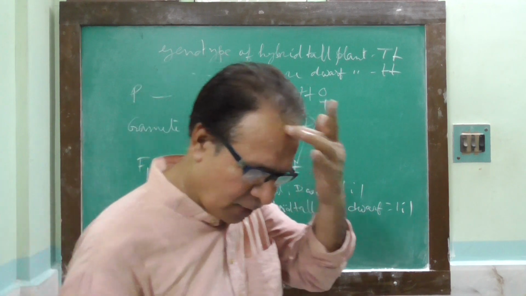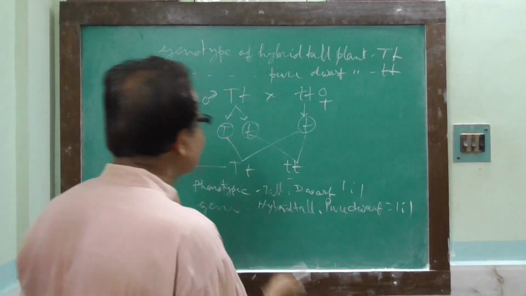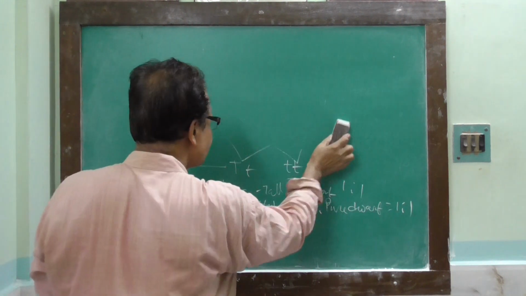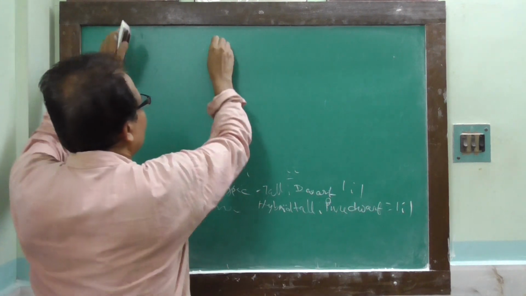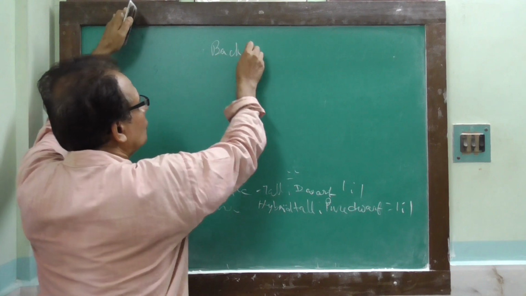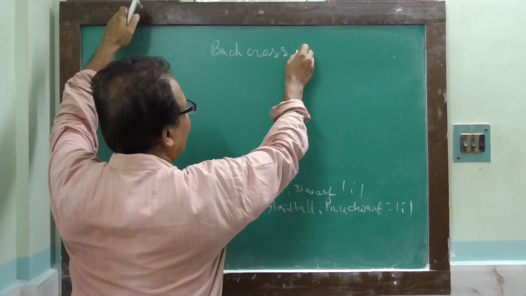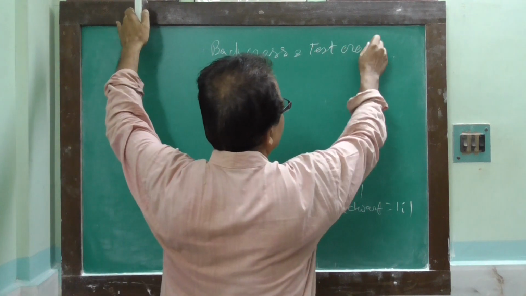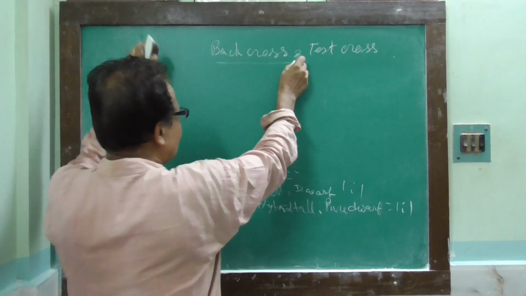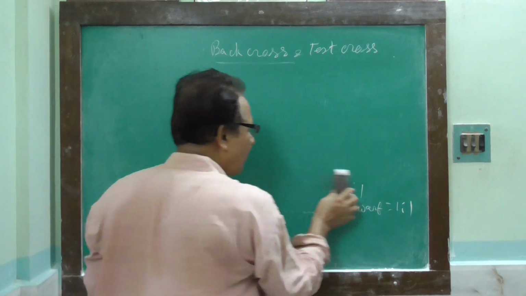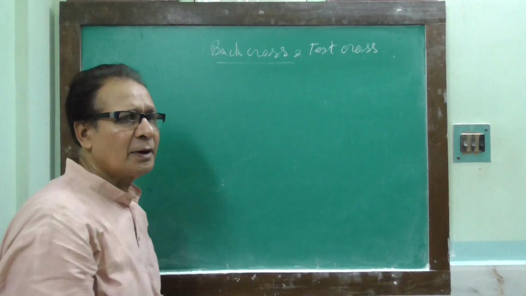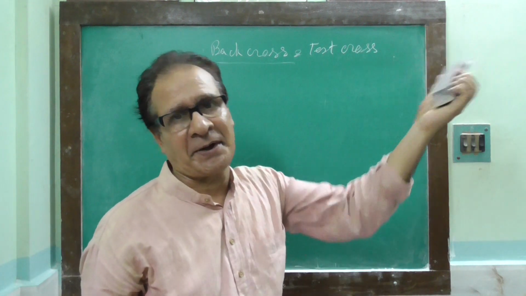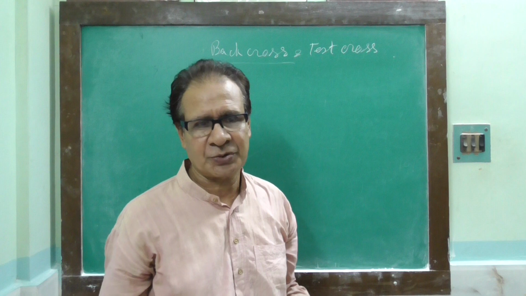Now the 2 other terms I will discuss, the back cross and test cross. Back cross: when an F1 individual is crossed with any of the parents, it is called a back cross.